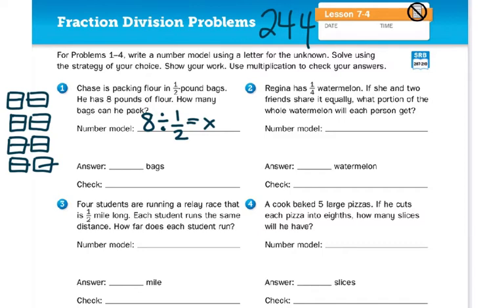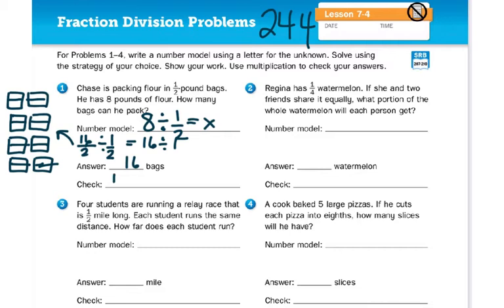Let's go ahead and take and turn 8 into 16 halves, which is what I see over here. Divide that in half. That means 16 divided by 1 equals 16 bags. That's what my picture shows.